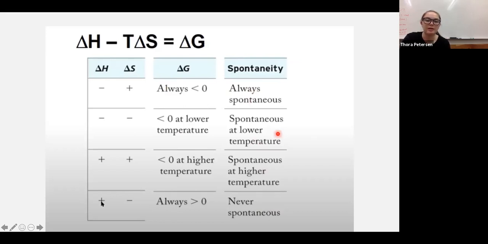And then down here, if we have heat entering the system and we have less chaos going on, then it's not going to be spontaneous.